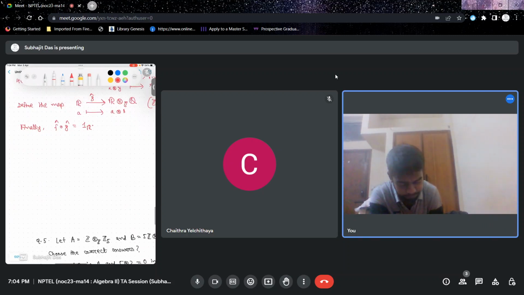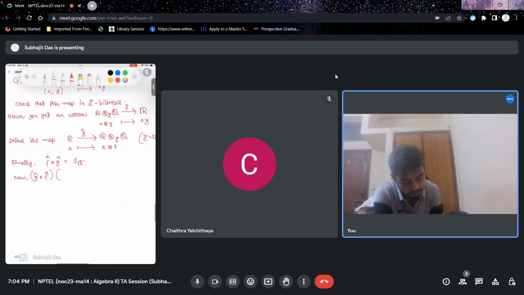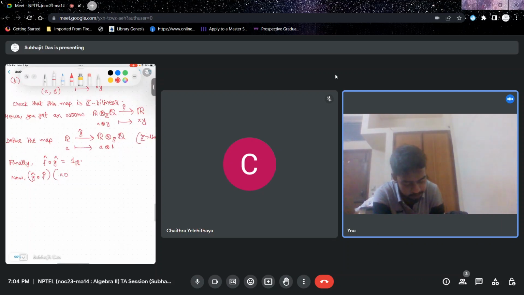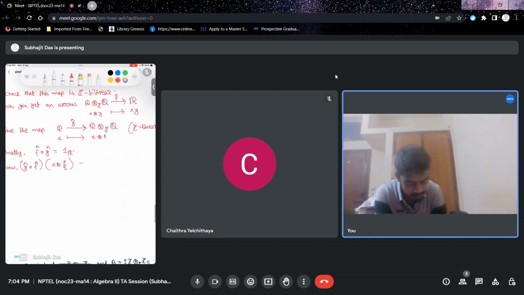Now G hat composed with F hat, this map applied on an element in the tensor product x tensored with, so I'll be writing an element of Q as P over Q. So P over Q is a rational number, that is why I wrote P over Q.